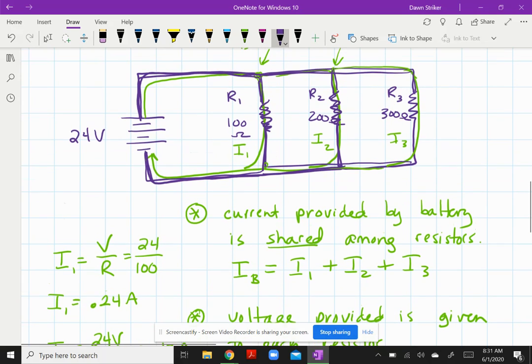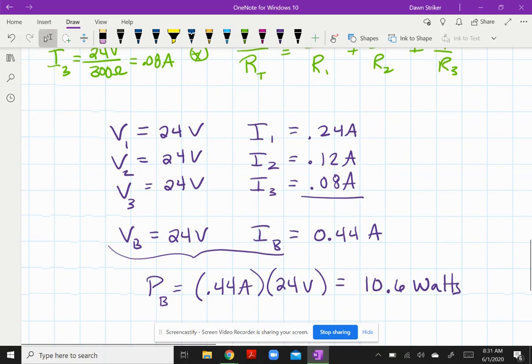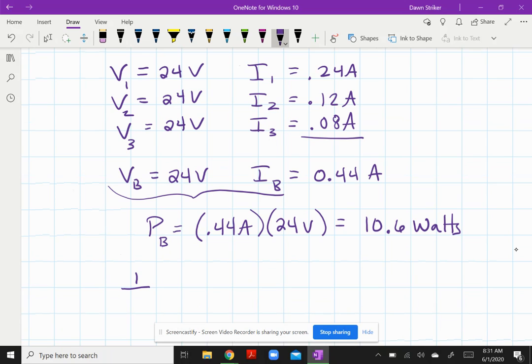All right. And again, we could also find the equivalent resistance. 1 over R total is equal to 1 over 100 plus 1 over 200 plus 1 over 300. So I'm just going to do that on my calculator. You could solve that using fractions if you like. Some people like fractions, others don't.